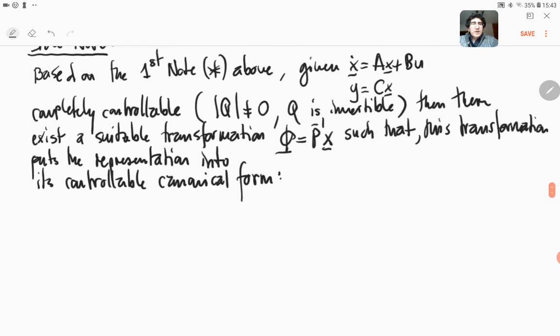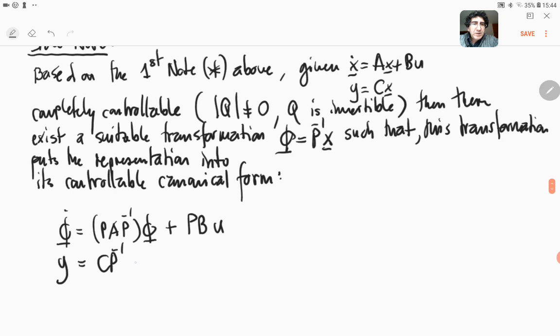Okay, so what is that representation? X dot is equal to, in fact, in this case, we should put it in terms of the new state, phi dot is equal to P minus 1 times phi plus P times B times U, and y is equal to Cp minus 1 times phi.